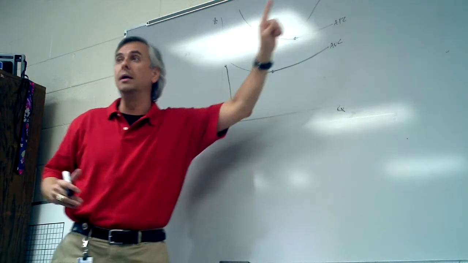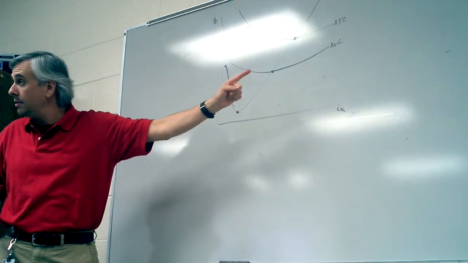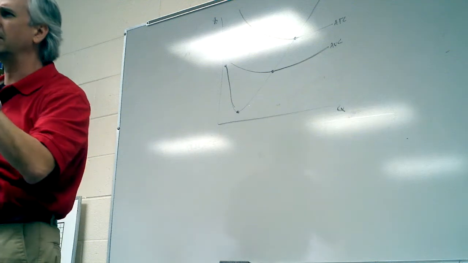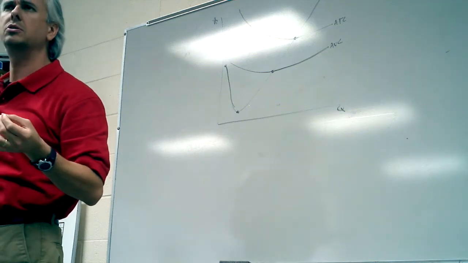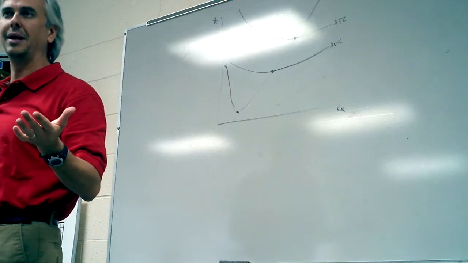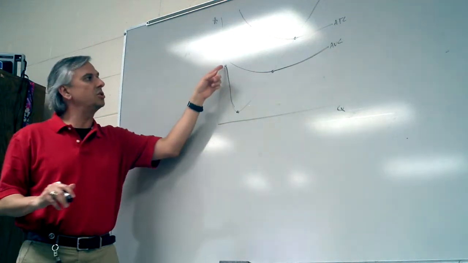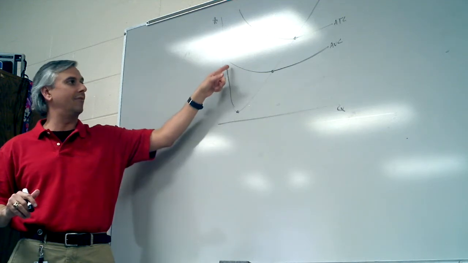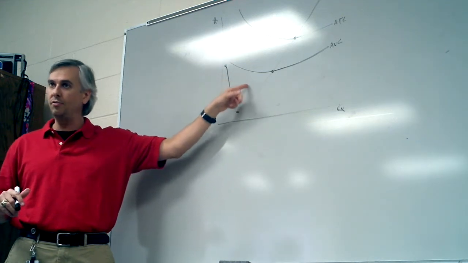So then, the cost of an additional unit is always what kinds of costs? Variable costs. Because the fixed cost you're going to pay no matter how many units you make, right? So if the cost of an additional unit is lower than the average variable cost, then the average variable cost will fall.